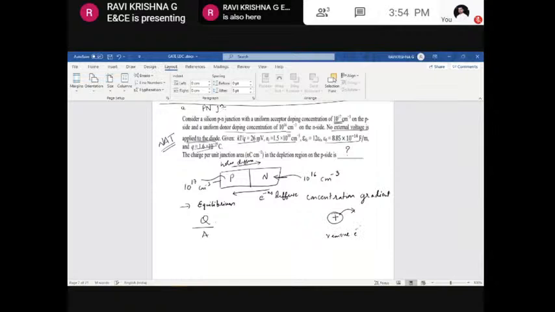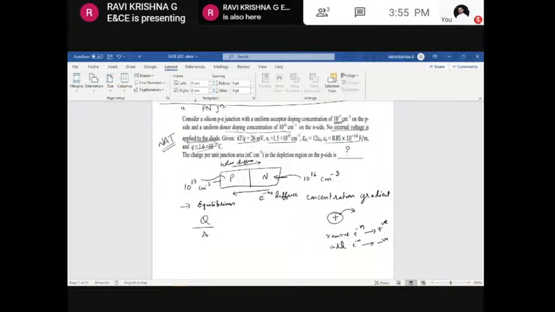The resultant atom will be positively charged. If I add an electron, the resultant atom will be negatively charged. Because of this removal and addition of electrons, the ionization process happens.